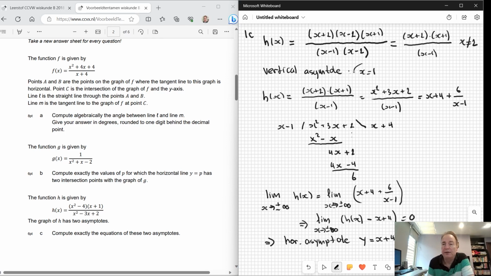So we have this as the vertical asymptote and this as the oblique asymptote. Yeah, here actually I have to put parentheses here. So this function h(x) approaches the function x plus 4.